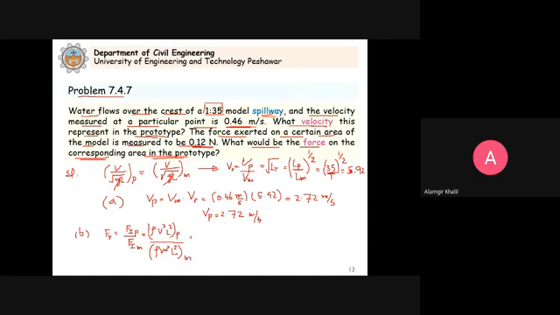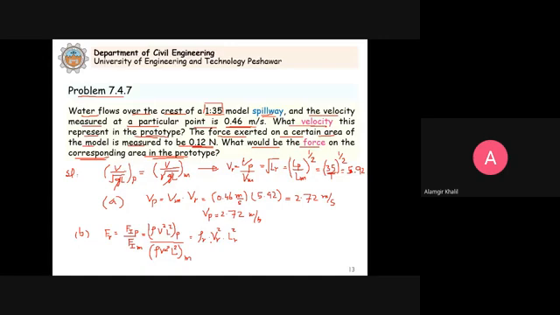Now you can see here, this can be further written as rho R, the density scale ratio, because it is prototype by the model, into VR square, V is square, so it will be equal to VR square, and we have this LR, because it is LP by LM, so this can be written as LR square.